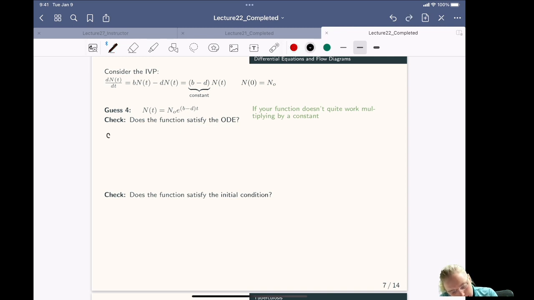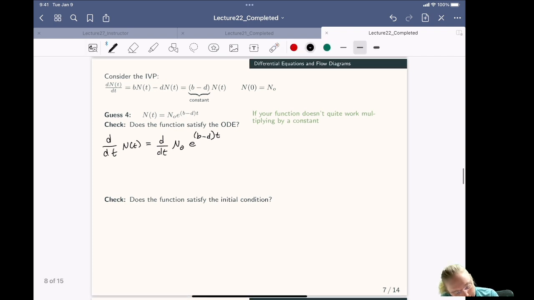If we do that, we've got to take the derivative of both sides. d by dt of n of t is equal to d by dt of n0 e to the b minus d times t. All right, if we take the derivative here, that n0 factors out because it's a constant, so we have n0.